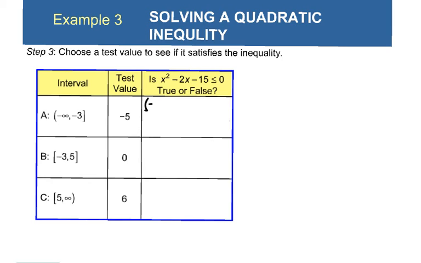So we're going to say (-5) squared minus 2 times -5 minus 15. And then this is less than or equal to 0. So what we're going to do is evaluate this left side of the inequality. And when we do that, let's see, we get 20.